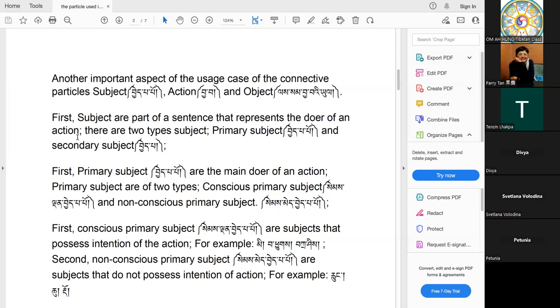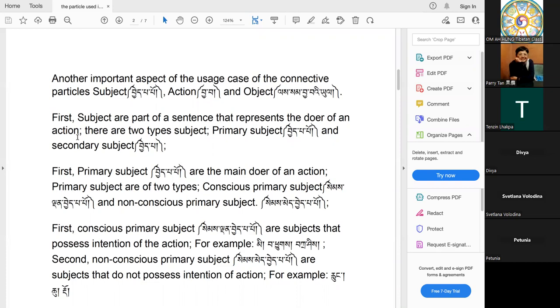When used in a sentence, it represents the doer of an action, someone who does an action. Therefore, understand that this is always going to be a name. The subject is always going to be a name. So a subject is a part of a sentence that shows the one who does an action.